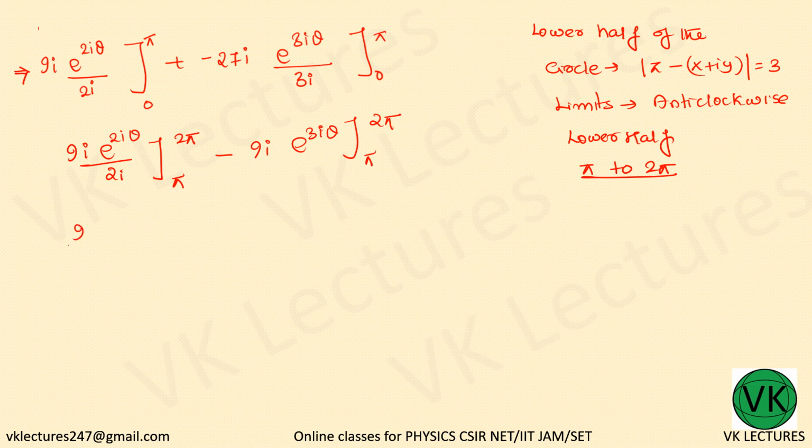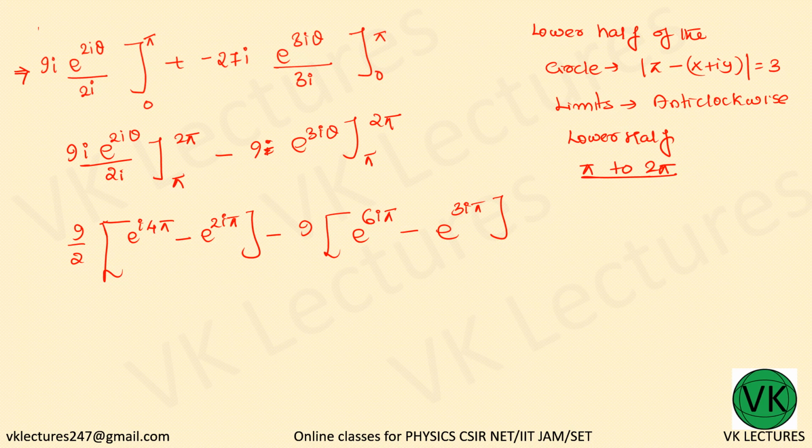So 9 by 2 into e to the power 4i pi minus e to the power 2i pi, minus this one, there won't be i, so 9 into the upper limit e to the power 6i pi minus e to the power 3i pi.